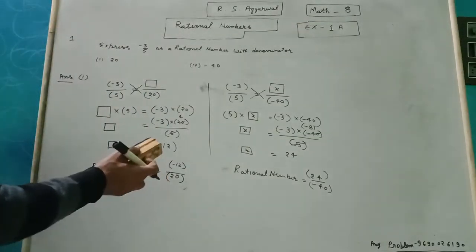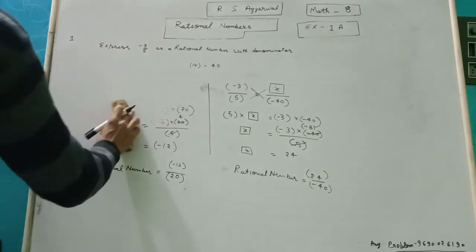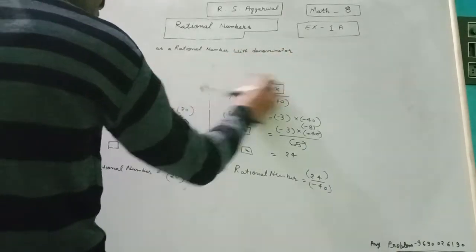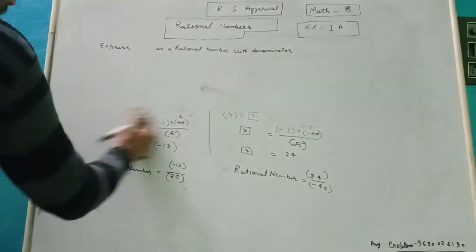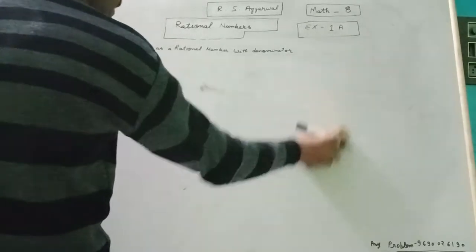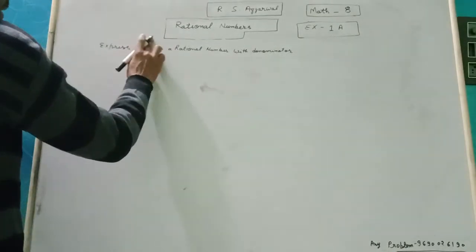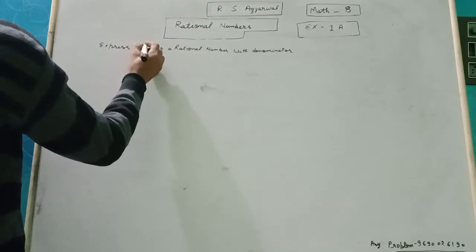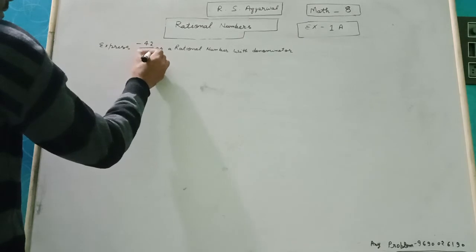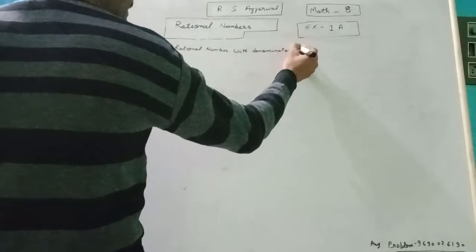Second question is: express minus 42 upon 98 with denominator 7.